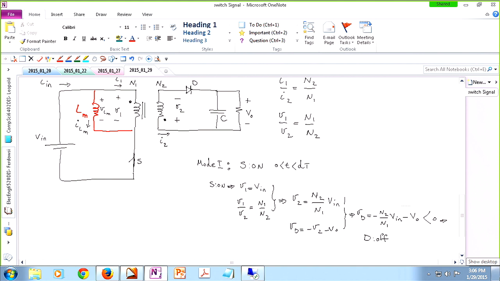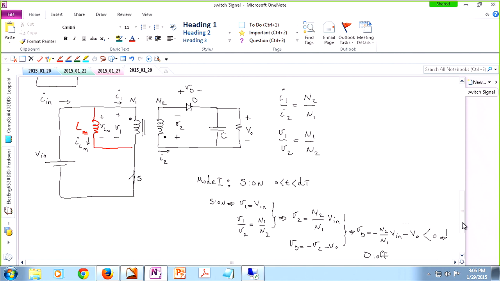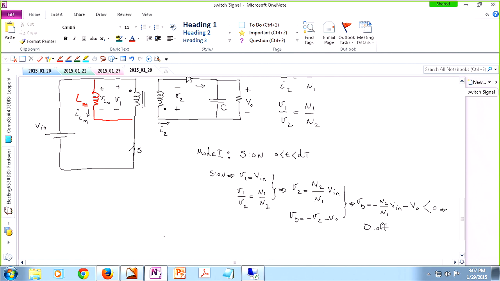So we know what happens to the diode. The diode is off. Technically, that means here there is no current passing, and the capacitor is basically providing power to the load. I mean, on the input side, whatever is happening, there's no power being transferred to the secondary side. Okay, and the voltage that appears across the terminals of the inductor, you can say the voltage of this magnetizing inductance.